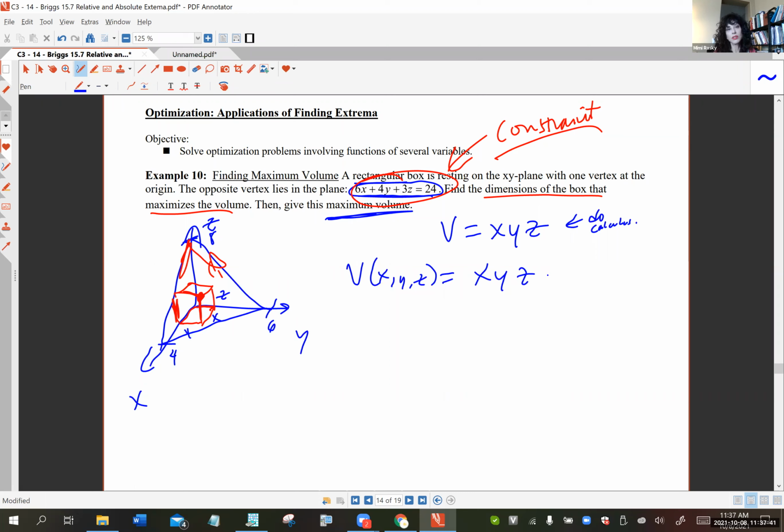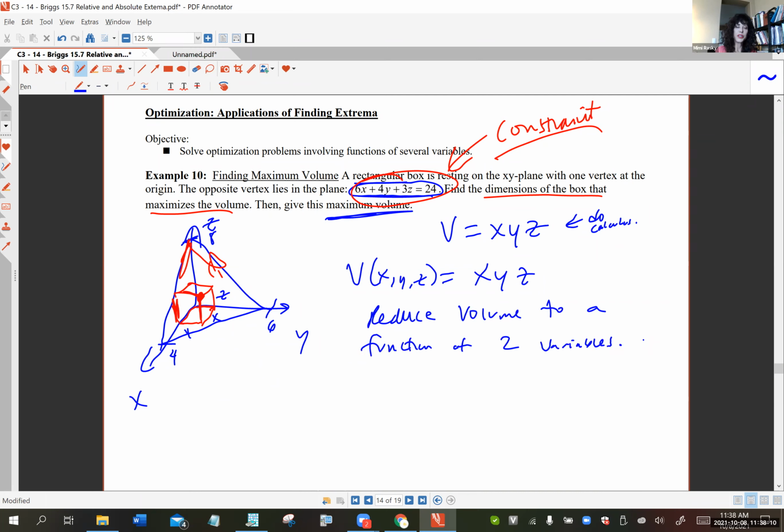Because when we learned the D-test, and we just spent this last hour doing lots of stuff on functions of 2 variables, not 3. So now what? We need to reduce the volume to a function of 2 variables. Well, how do we do that? You just erase the Z and pretend it doesn't exist so it could be a function of X and Y?